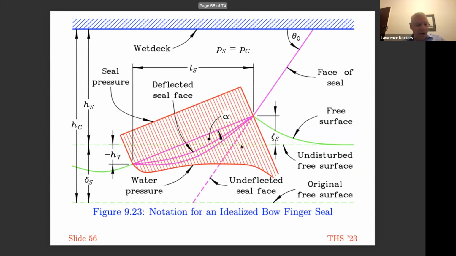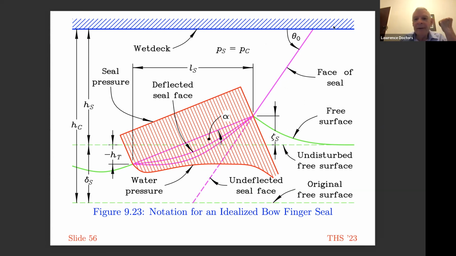I'm just going to spend 10 seconds talking about some theoretical work I did. I won't show any formulas because we're running out of time, but I did develop a model. This goes back quite a few years. I did develop a model of what a finger skirt might do when deflected.